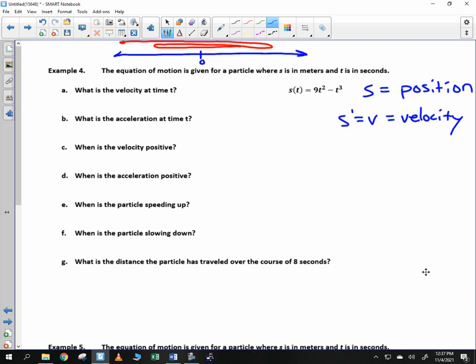Got it? If you're moving up, do you think your velocity is positive or negative? Positive. And you're moving down? Negative. So speed, do we ever talk about our car traveling at negative 35 miles an hour? We always talk about the positive, right? So speed is the absolute value of velocity.